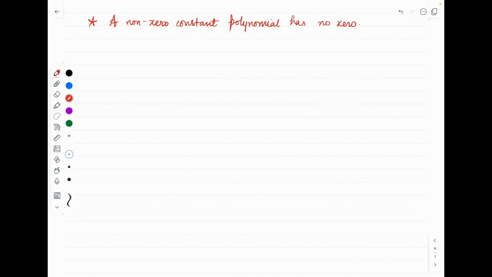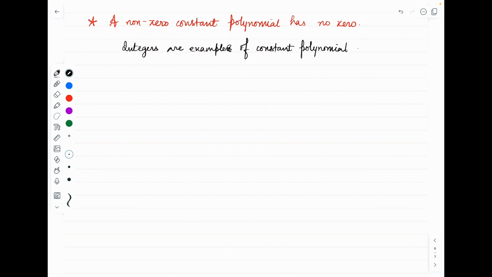A non-zero constant polynomial has no zero, it is saying. See, I have already told you, integers are examples of constant polynomials. Okay, integers are examples of constant polynomials. That I have taught you in the previous video also.